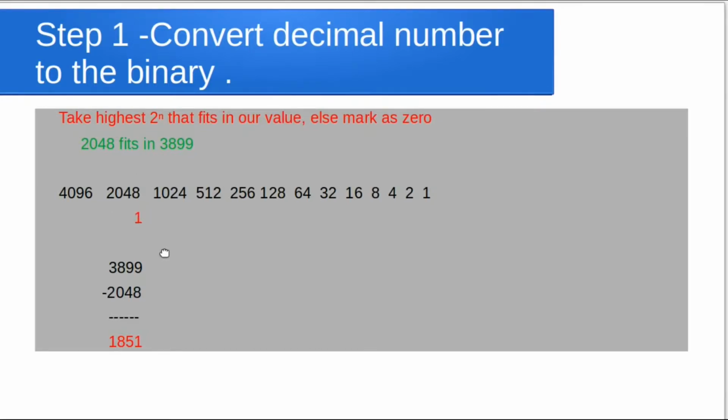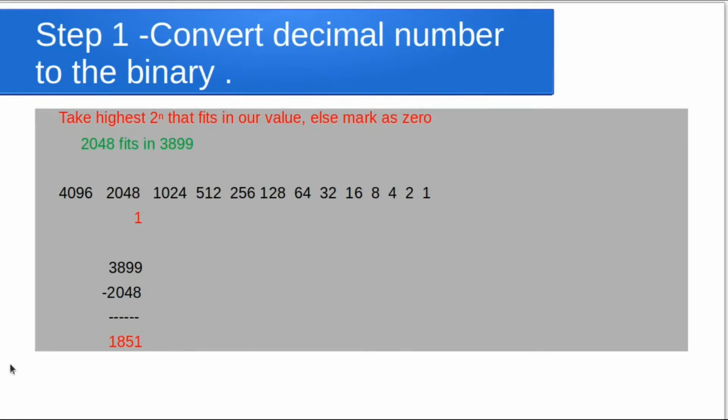What we do then is we take our value and we minus the 2,048, which gives us a remainder of 1,851. So it's important we mark that bit there in our binary system with a 1, and then we minus 2,048 from our decimal value that we want, which is 3,899.